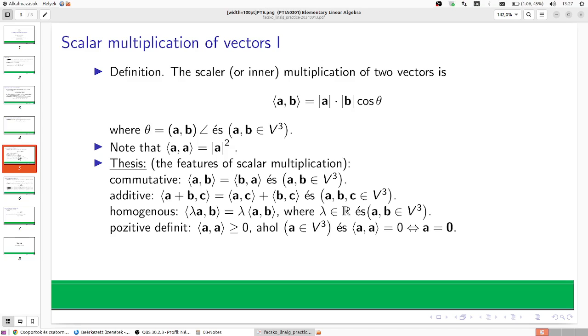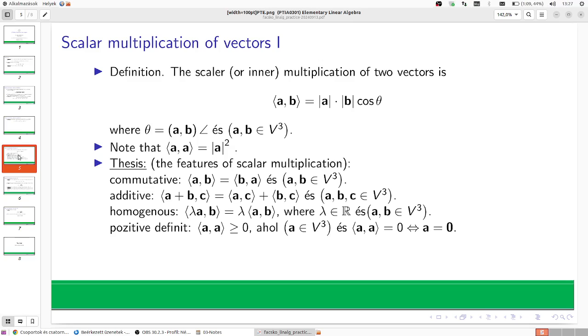this is positive definite. The scalar multiplication of a with itself is actually the length. The length? No, the square of the length.